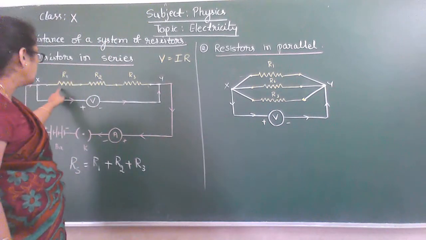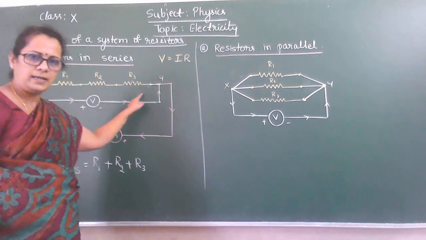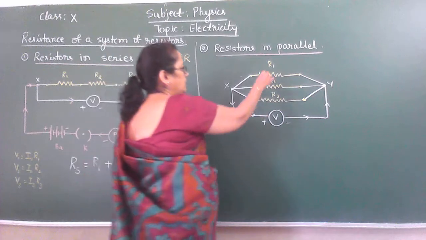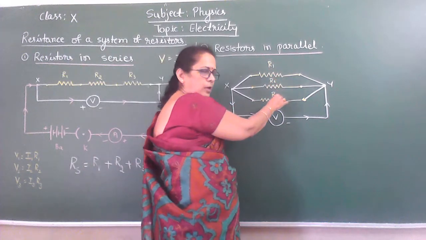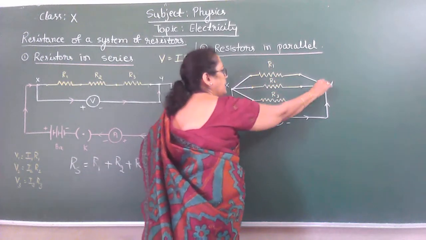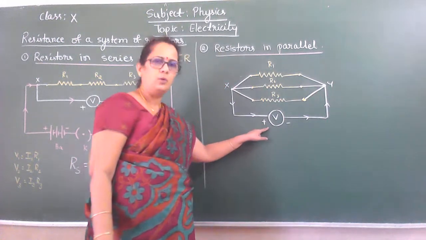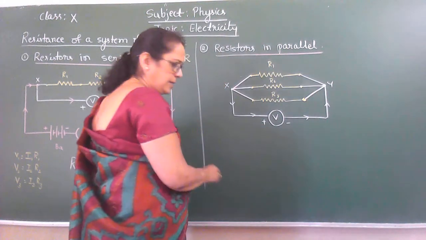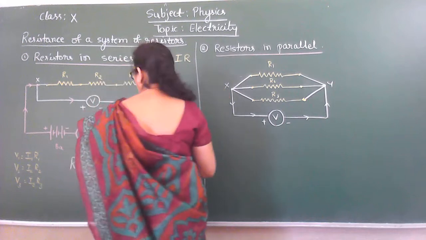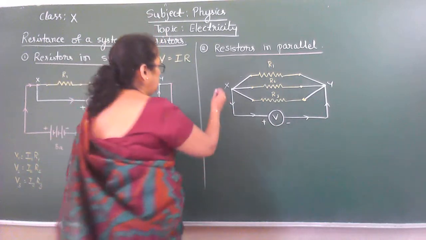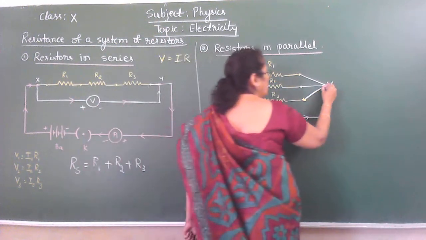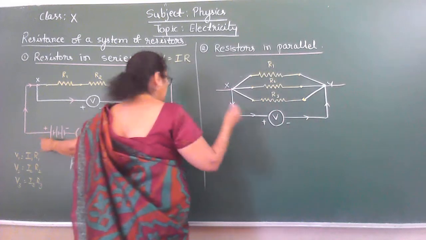See here, in series it is one end to one end, but here it is connected one below the other to the common XY and to the voltmeter. Now the entire system is again connected to the same thing. What?